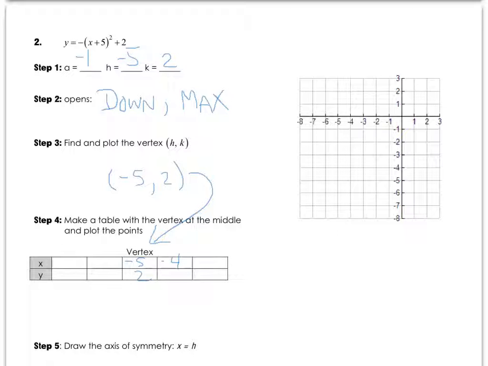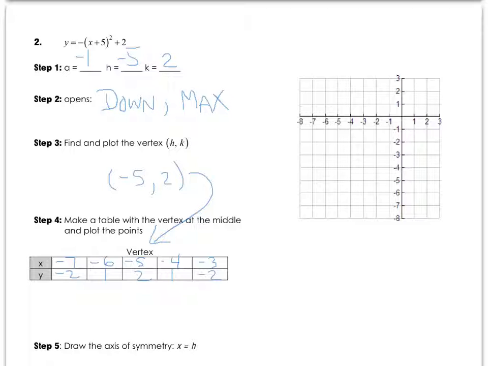We're going to go to our calculator, and we're going to get some more values. The values you should get here are negative 2, 1, 2, 1, negative 2.